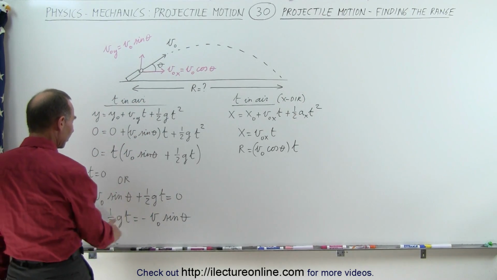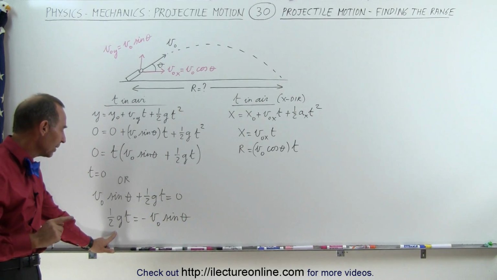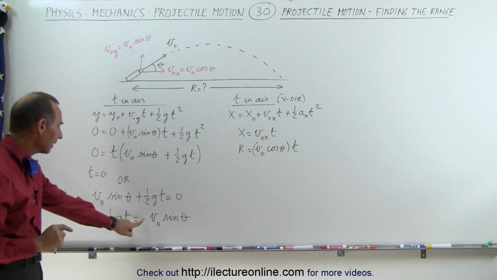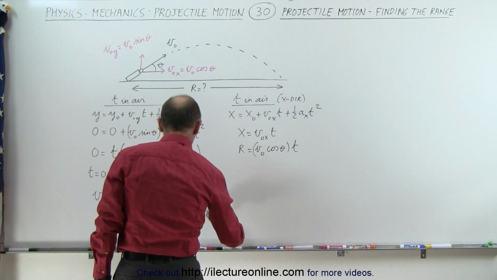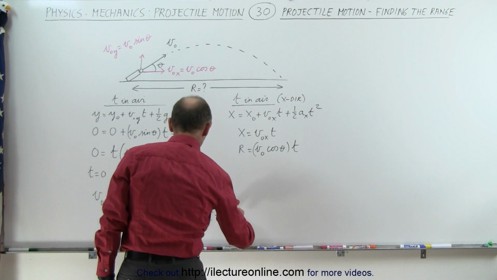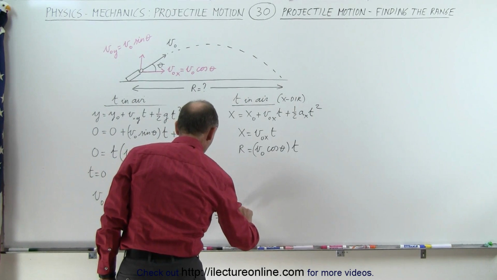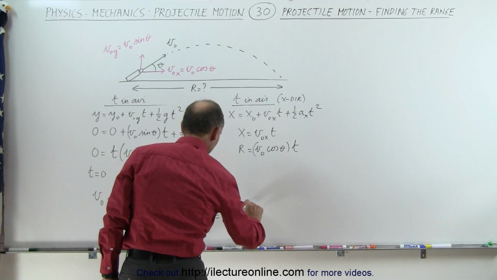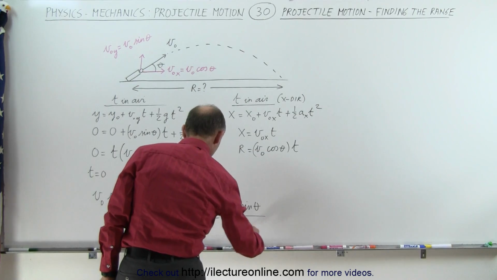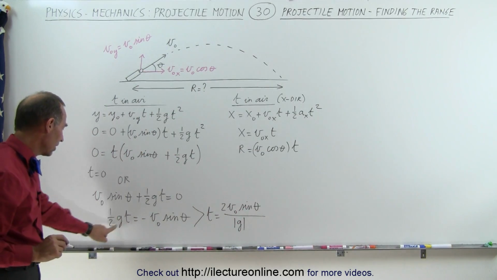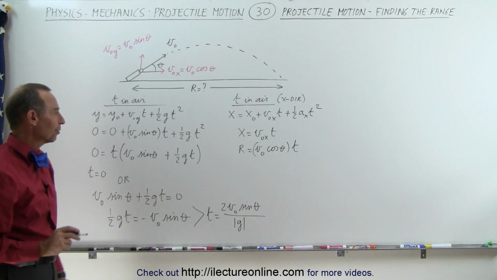And then if we multiply both sides by 2 and divide both sides by g, and remember that g is a minus 9.8, so if I make that into a positive, I can get rid of this negative sign, which means that t is equal to 2 times v initial times the sine of theta divided by the absolute value of g. So we solve this for t, bring the 2 across, bring the t down here, make an absolute value of g, and the negative disappears.